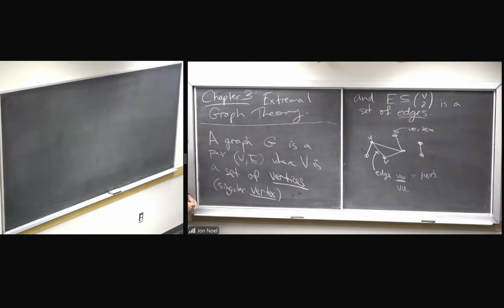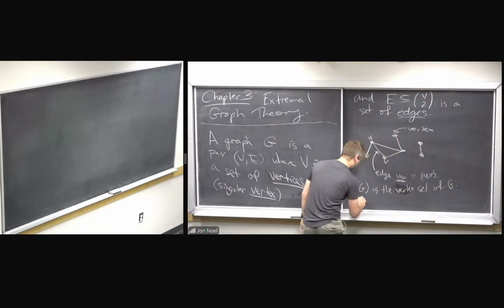Also, one weird thing in graph theory is that you almost always define the graph this way, as a pair (V, E), but then you never say "let G be the pair (V, E) where V equals...". We just say let G be a graph, and then V(G) is the vertex set of G, and E(G) is the edge set.